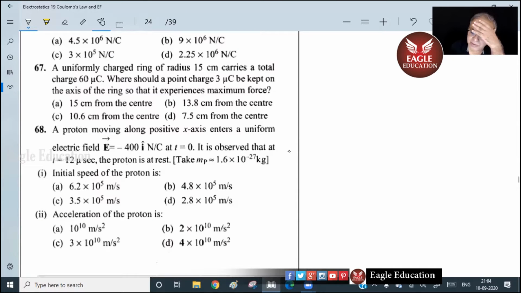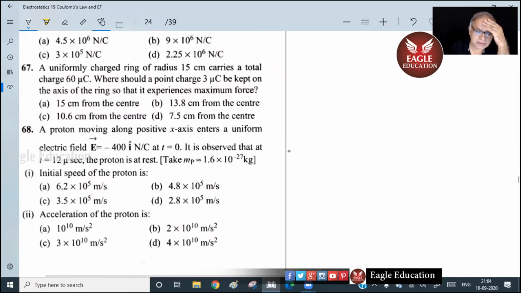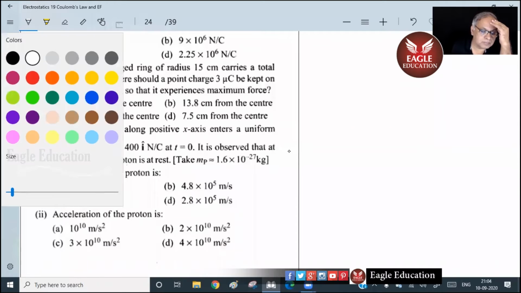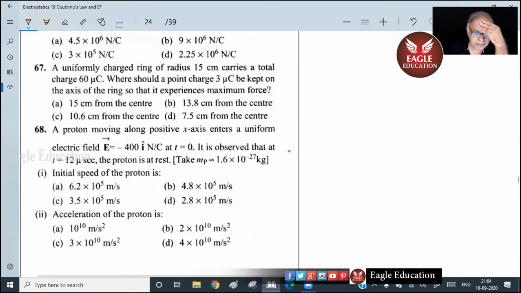So the electric field is in the negative x direction, minus 400 Newton per Coulomb, and the proton is moving along the positive x-axis. So it enters like this from this side.